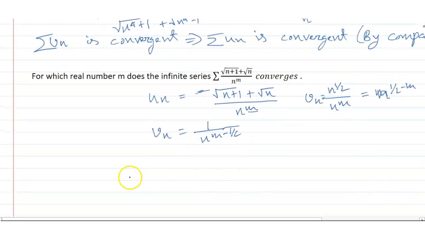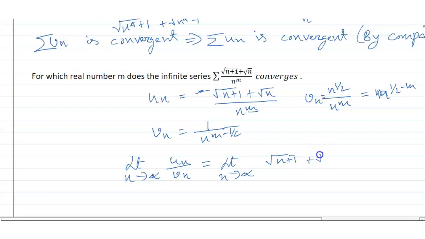Now I have to find out limit n tends to infinity Un divided by Vn equals limit n tends to infinity root of n plus 1 plus root of n divided by n to the power m into n to the power m minus half.